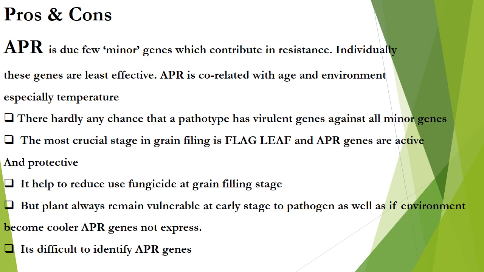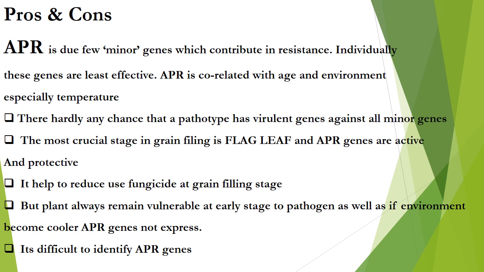However, there are certain disadvantages associated with adult plant resistance. For example, this resistance is not effective at the earlier stage of plant growth, such as the seedling stage. If the rust pathogens attack at the earlier stages of plant growth, then the plant is not protected, because the adult plant resistance genes are not expressing at that point.